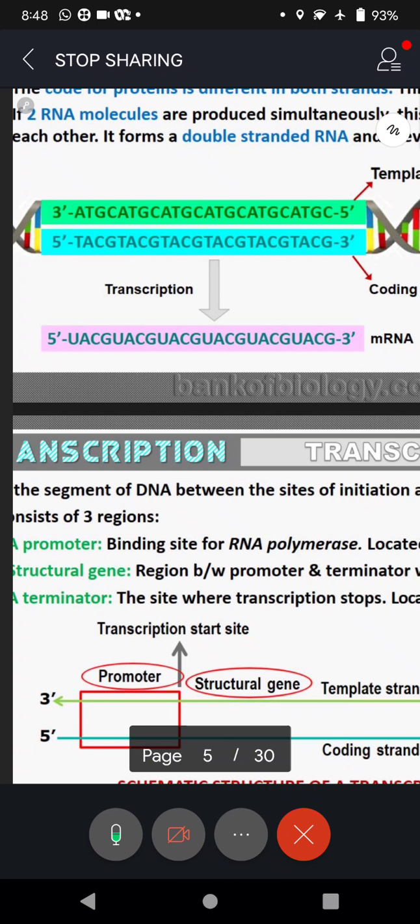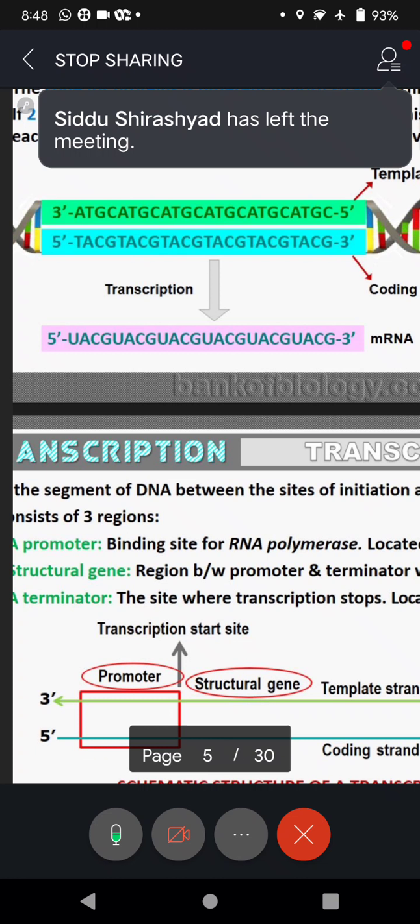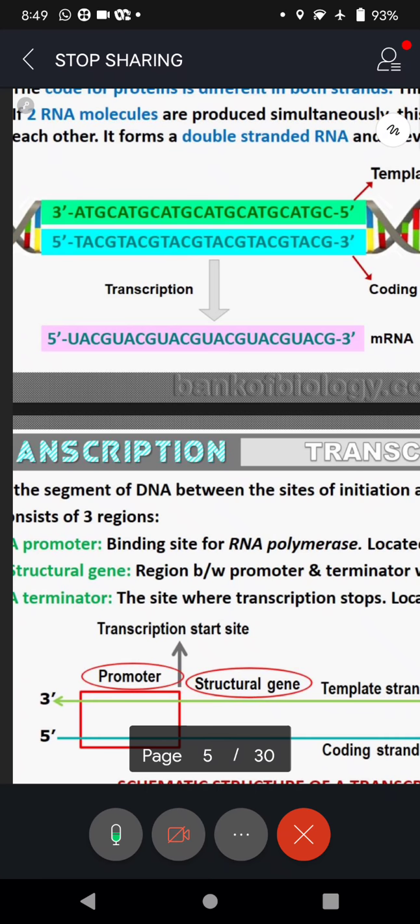Why are you calling it mRNA, Kadkol? Why is it called? Whatever genetic information that is stored in the DNA is transcribed to RNA. That's why we are calling it mRNA. Means what was in store up to now in DNA molecule has come to RNA molecule.